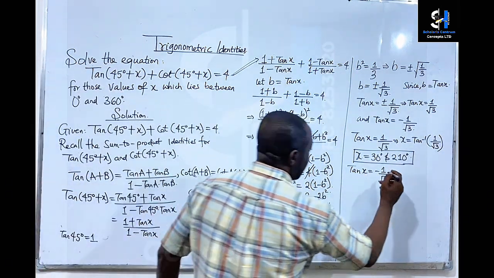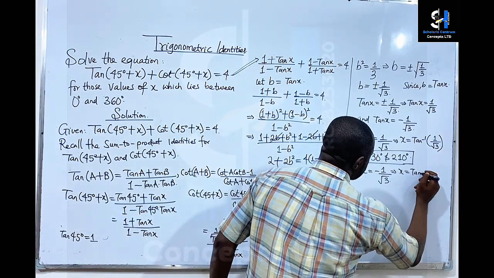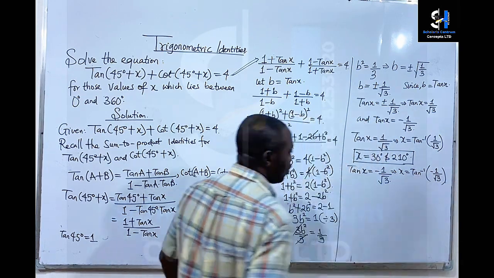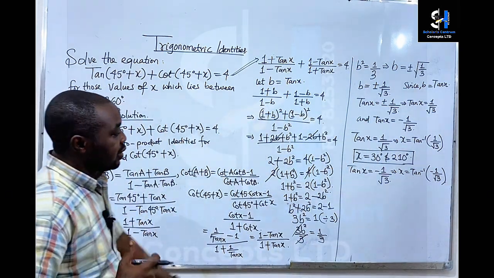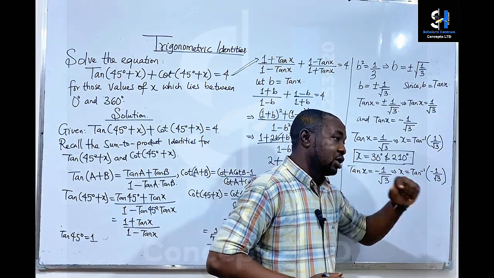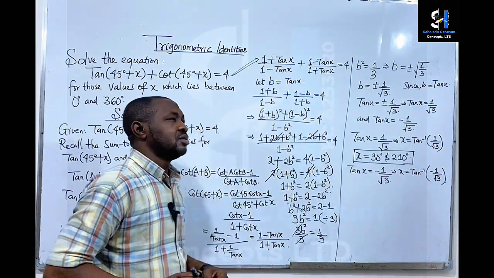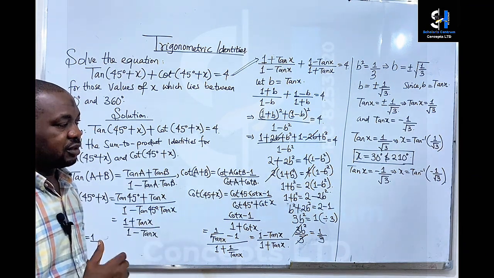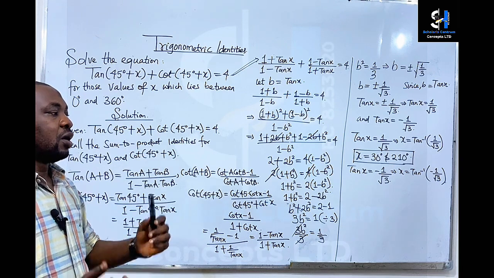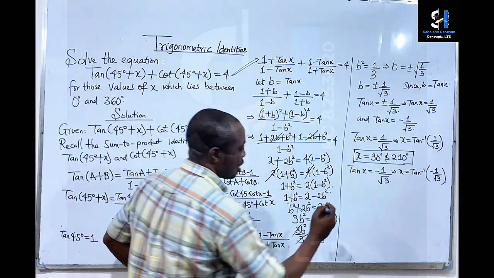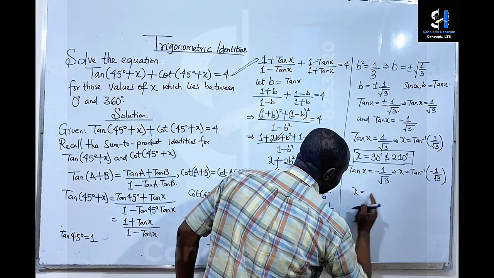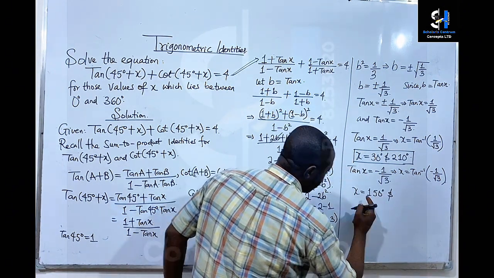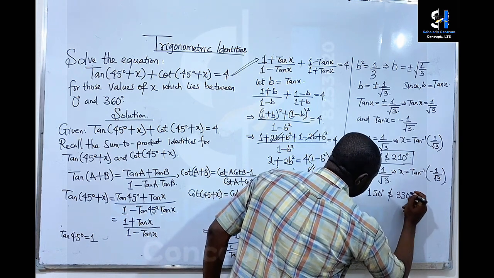In this case, x will be the inverse tan of negative 1 over root 3, that will be 150, second quadrant. Then also 330. So we're going to get the values to be 150 degrees as the angles, and 330 degrees.